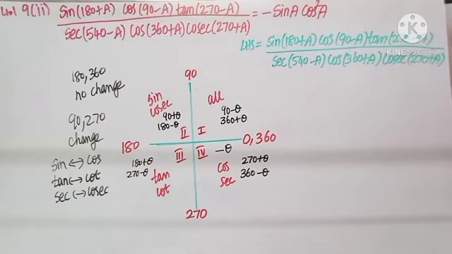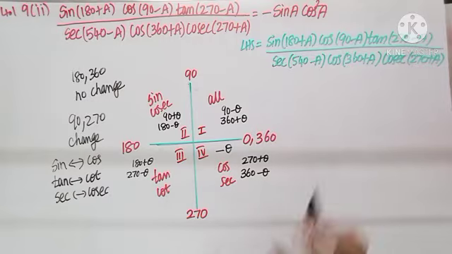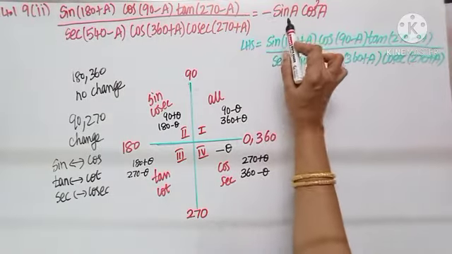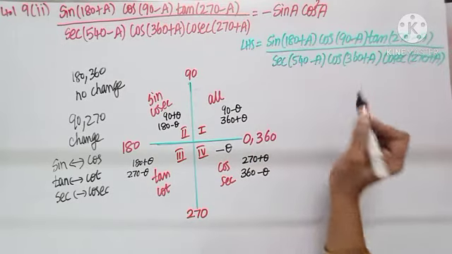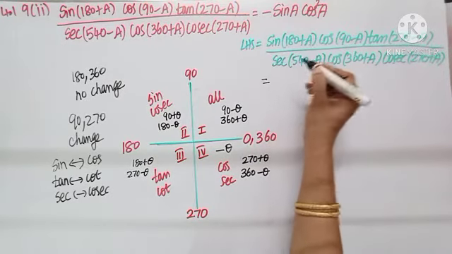Exercise 4.1, question number 9, subsection 2. Sin of 180 plus A, cos of 90 minus A, tan of 270 minus A, by secant of 540 minus A into cos of 360 plus A into cosecant of 270 plus A. We need to prove the LHS equals minus sin A cos square A. Again, it's a simple problem.